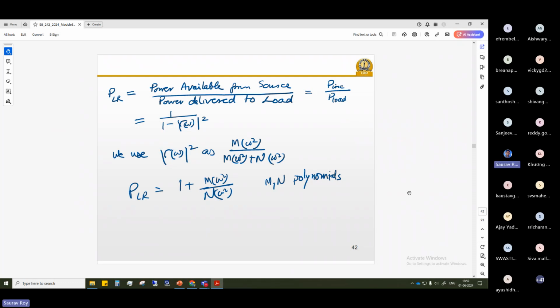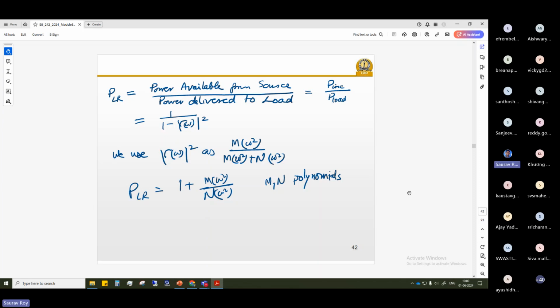It is the ratio of incident power to the load power: the power available from the source on the input side, and the denominator is the power delivered to the load. It is written as 1 over 1 minus gamma square.